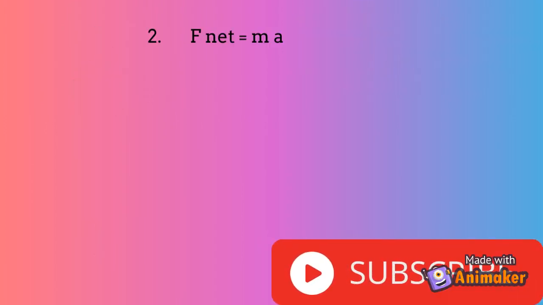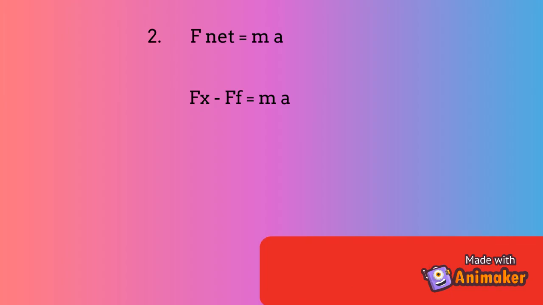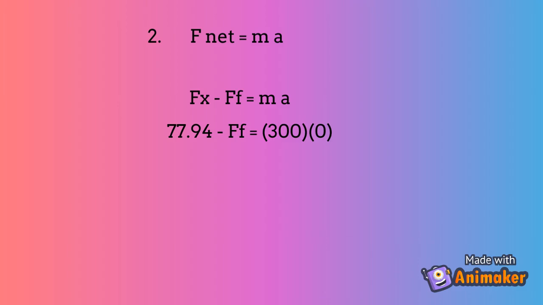For number 2 write the formula F net equals ma, where F net is the sum of all forces acting on the car. Then substitute the sum of forces: Fx minus frictional force equals ma. Since the car is moving at constant velocity there's zero acceleration. Substitute Fx and it becomes 77.94.